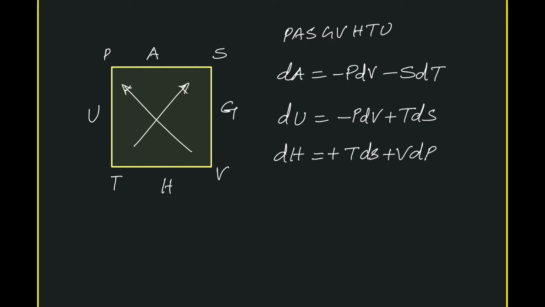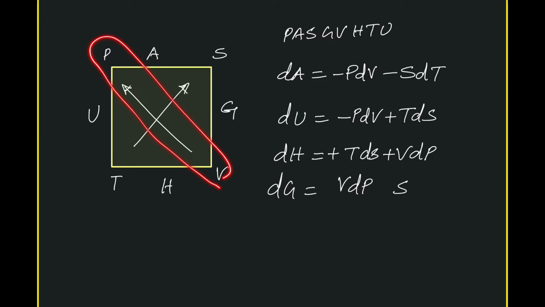Likewise for G, dG equal to, for G we have V and S as the side variables. For V we have P as the distant variable, so V dP, and for S we have dT, so S dT.